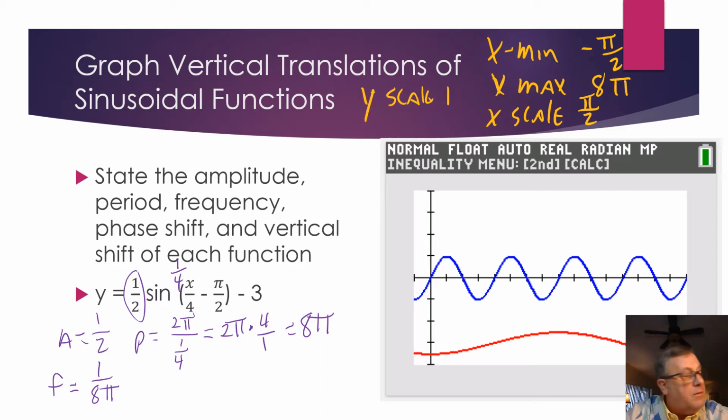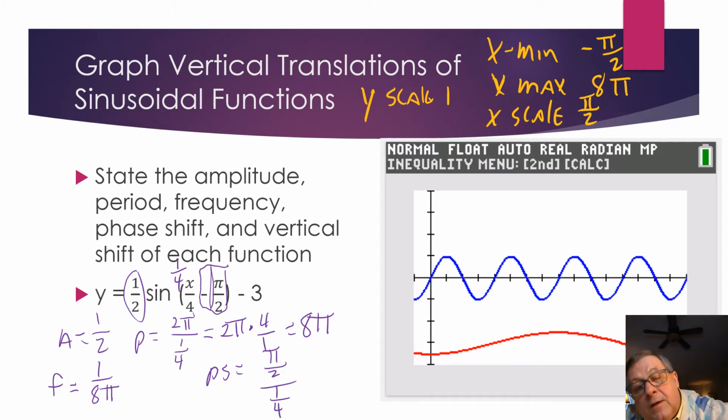And phase shift. Okay, now phase shift is C over the absolute value of B. It is this value right here over B. So my phase shift is pi over 2 divided by 1/4.